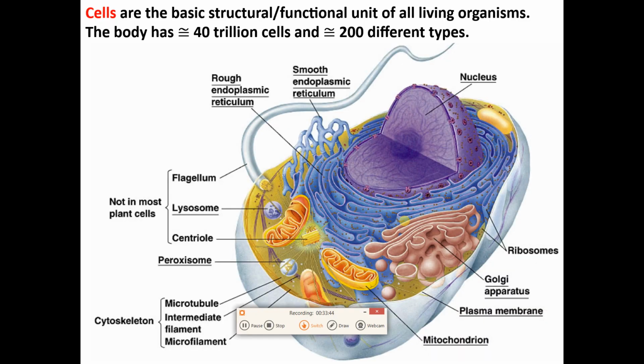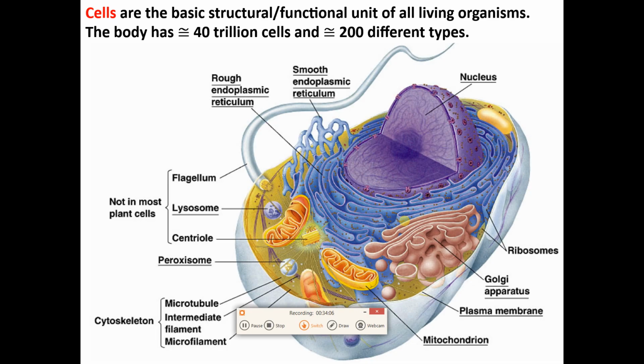And we're moving down our levels of structure here. We are in the level of cells. So we just left tissue. We know tissues are made of cells. And cells are the basic structural unit and functional unit of all living organisms.